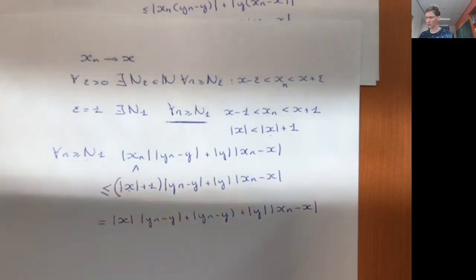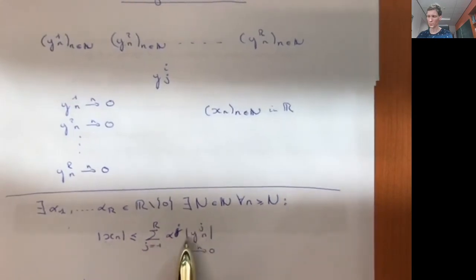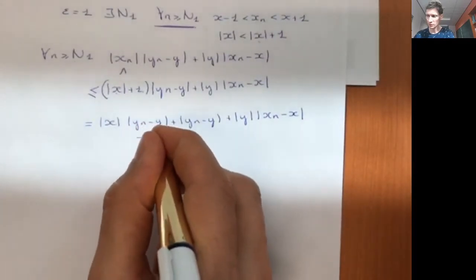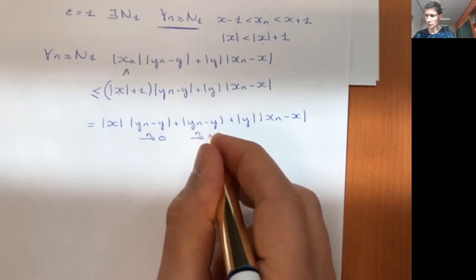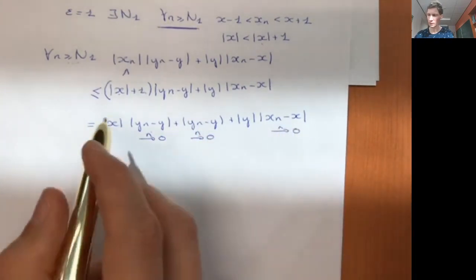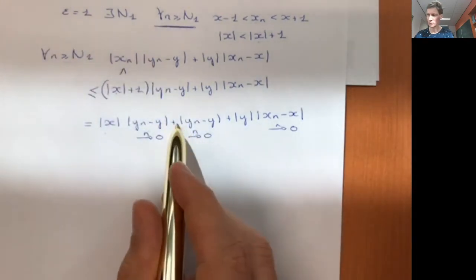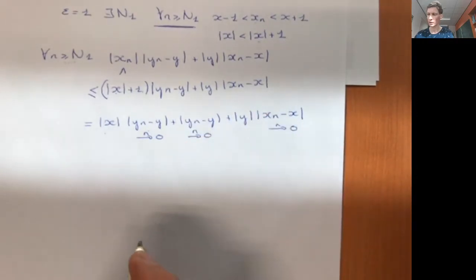And now we are ready to use the convergence lemma. We need a weighted sum of sequences that converge to 0. So what do we have? The sequence yn minus y converges to 0, and xn minus x converges to 0. Here we have a fixed coefficient, which is the absolute value of a number. Here we have a coefficient equal to y.